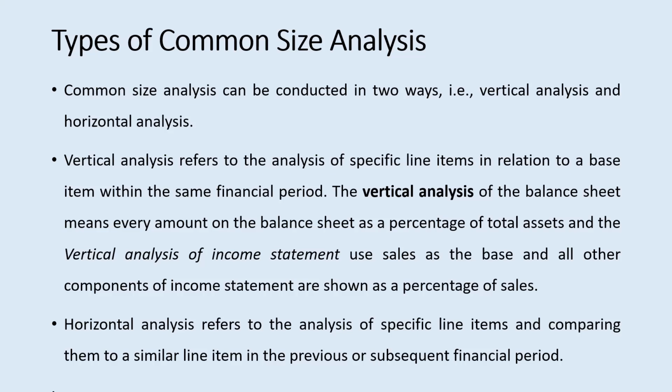Then we are going to see what is the proportion of each item to the total asset. Then we are going to take the income statement. Then we are going to identify what is the proportionate change comparative to the sales.